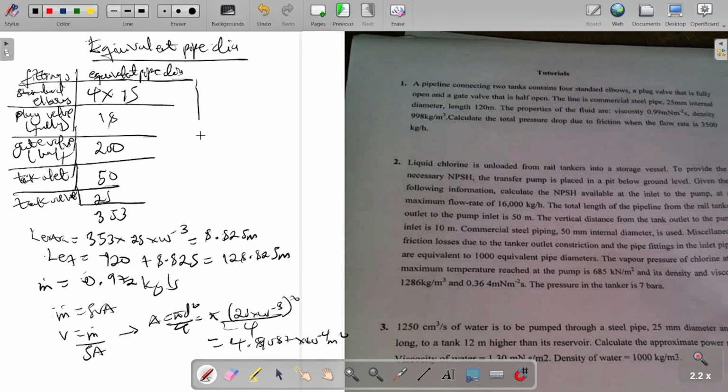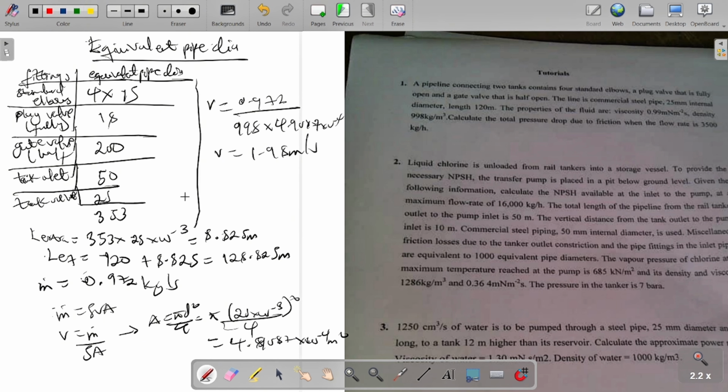Upon getting the area, we can calculate the velocity, which is the mass flow 0.972 divided by the density, given as 998, times the area 4.9087 times 10 to the power minus 4. Then our velocity becomes 1.98 meter per second.